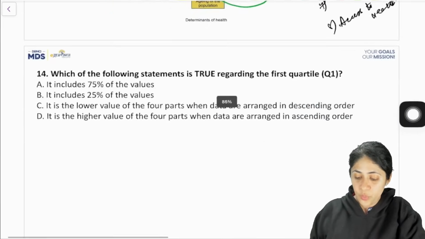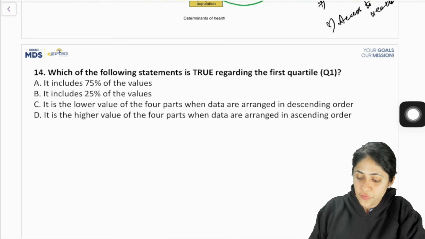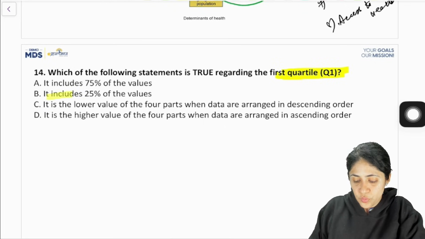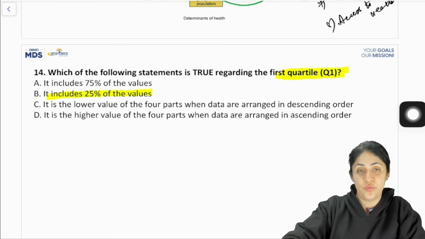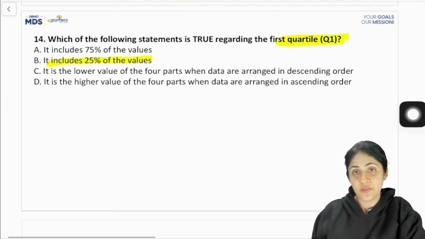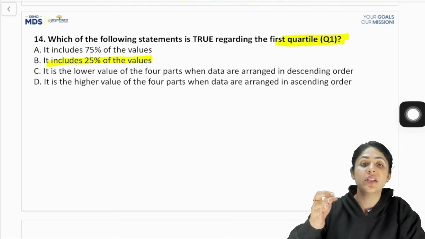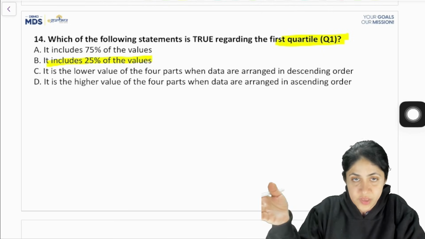Now, which of these is true regarding the first quartile? The first quartile includes 25% of the values. The lower quartile, or first quartile, is the value below which 25% of the data points lie. The interquartile range and the semi-quartile range give the idea of dispersion, how much the data is dispersed.